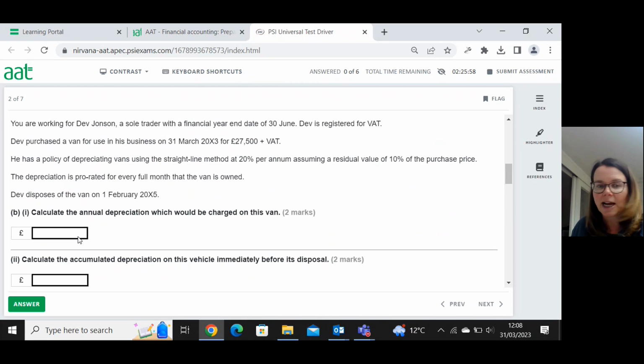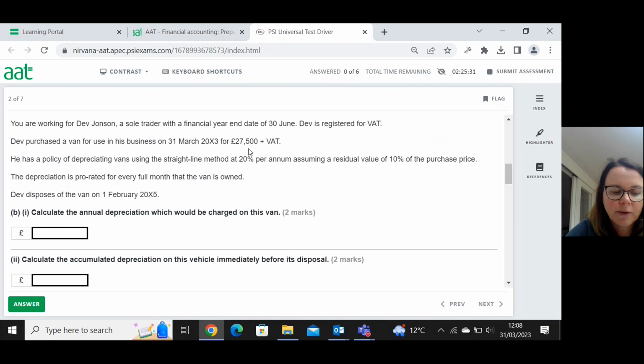Right, so let me get my calculator. So to calculate the depreciation on the van, it's straight line. So we know that the original cost is 27,500, and we have to subtract the residual value because that's what we expect to sell it for at the end, which is going to be 2,750.